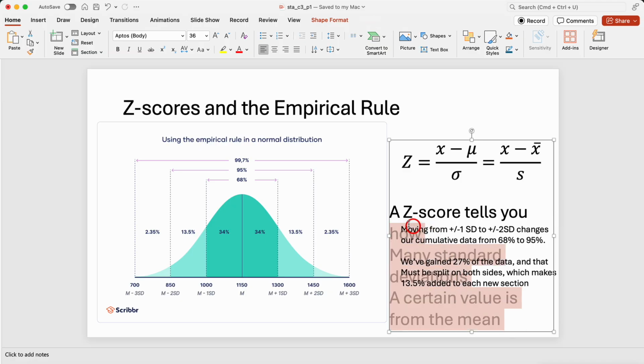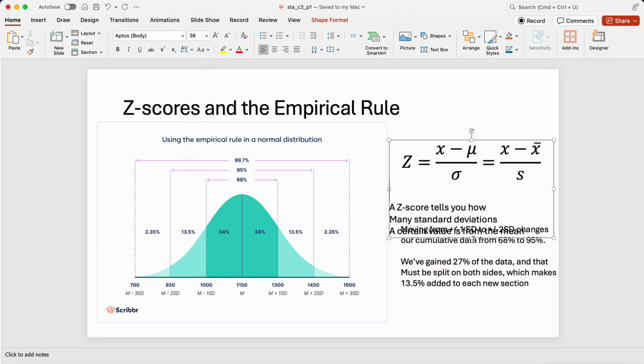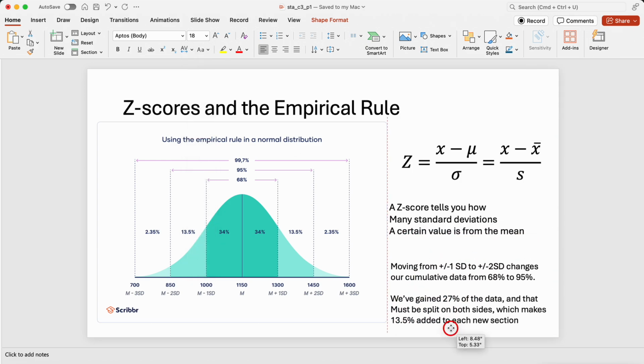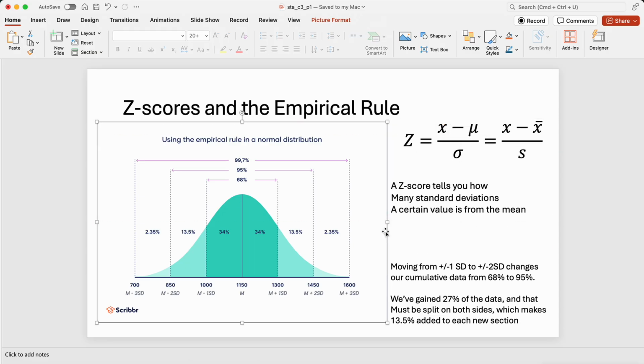I'll adjust this and make it look nice. Just some formatting there, sorry about that.